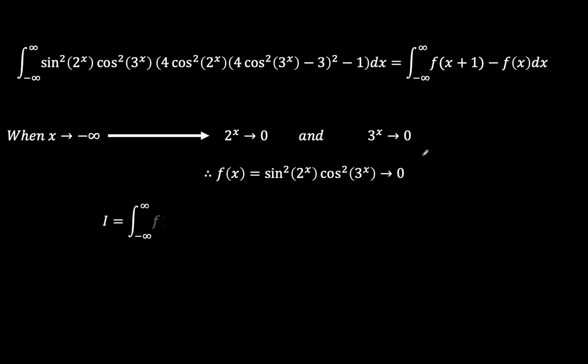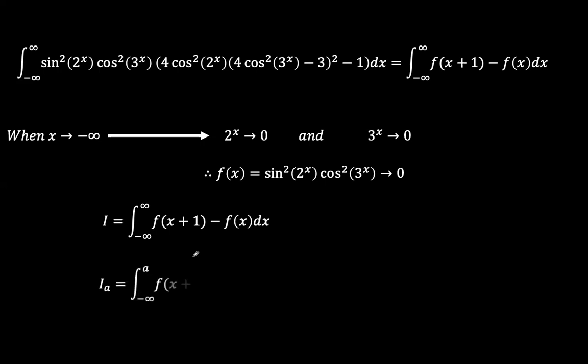Let's continue. So what that means is that I here, being the integral of this, can be considered to be the integral from x equals negative infinity to positive infinity of f(x+1) minus f(x).